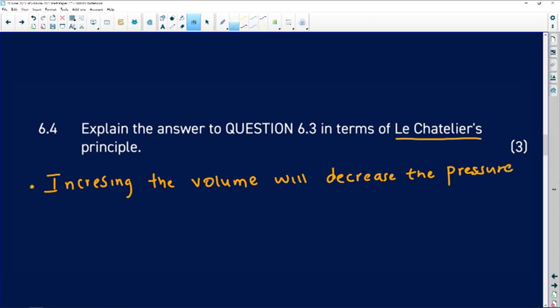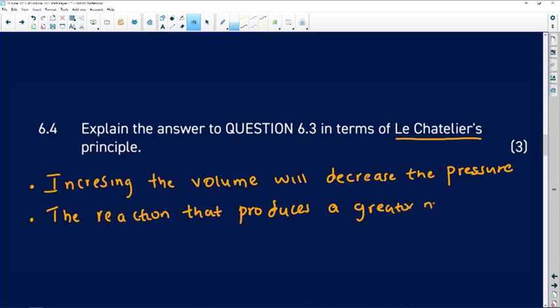And then what is the next bullet here? The reaction that produces a greater number of moles, or amount of gas moles, is favored.